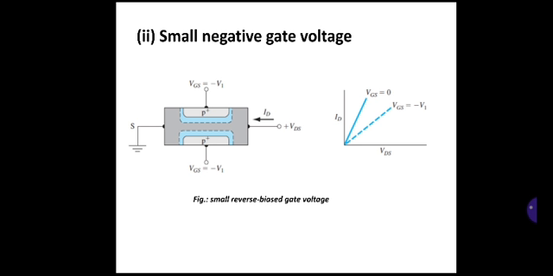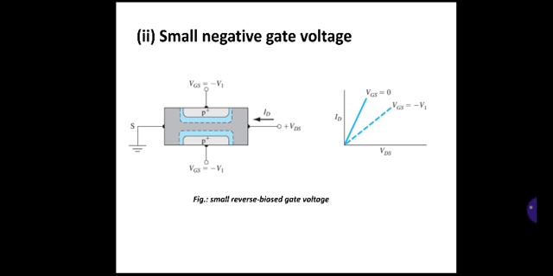If a negative voltage is applied to the gate of the N channel PN JFET, the gate to channel PN junction becomes reverse biased.